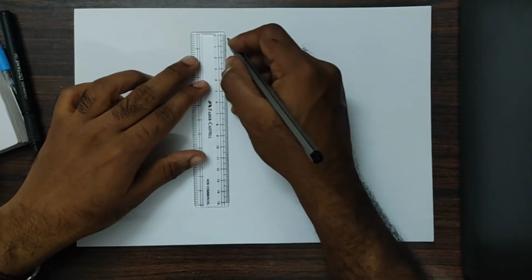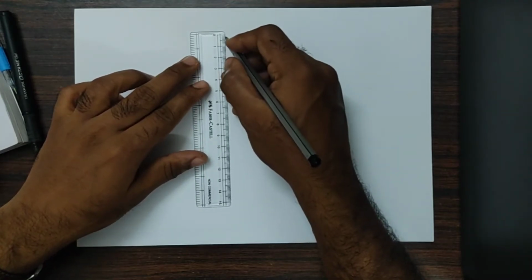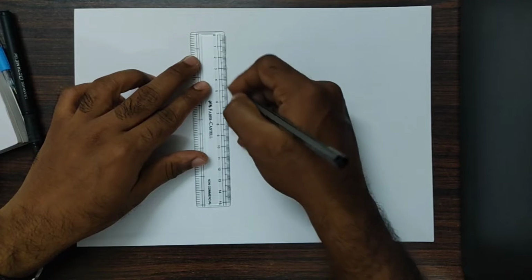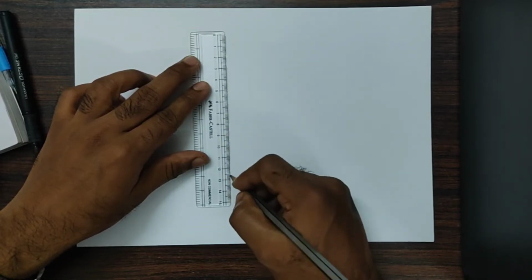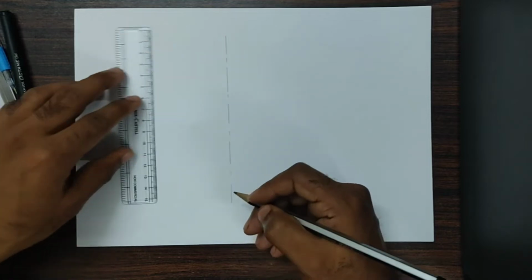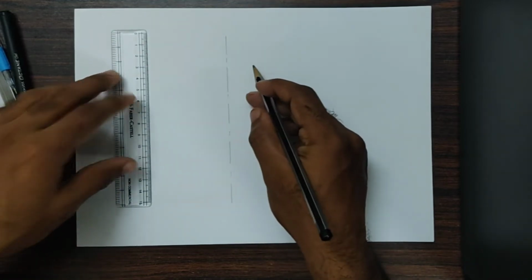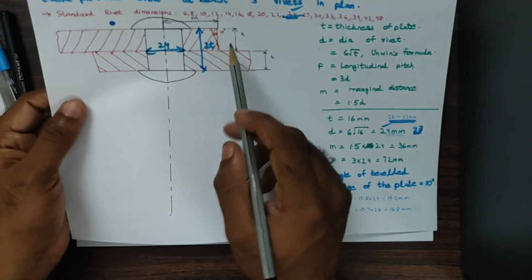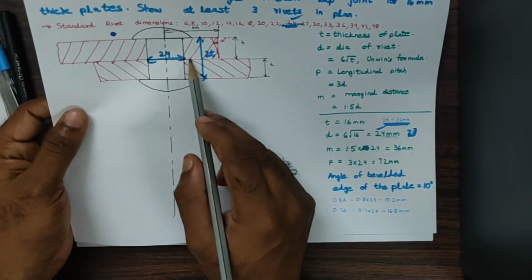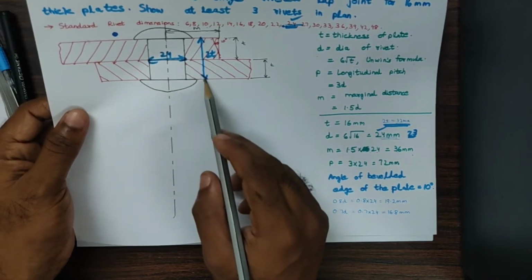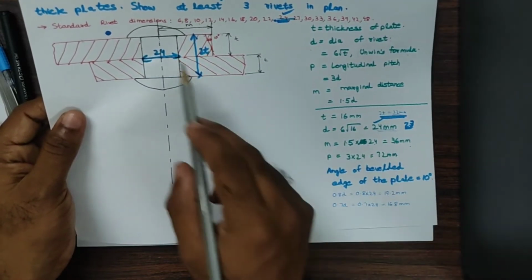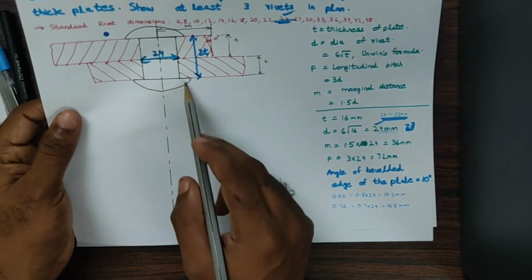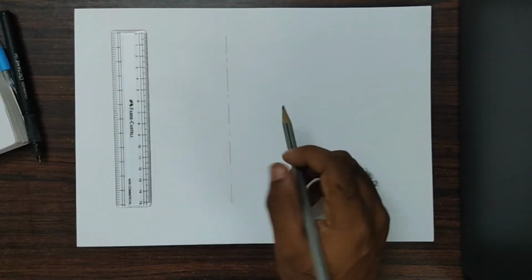For drawing the rivet, the very first thing which I have to do is draw a center line. I am drawing a center line, and to this center line first locate your rivet. Here the diameter of rivet is 24 and the height of rivet is 2 times T, which is 32. So you have to draw this 24 by 32 first.